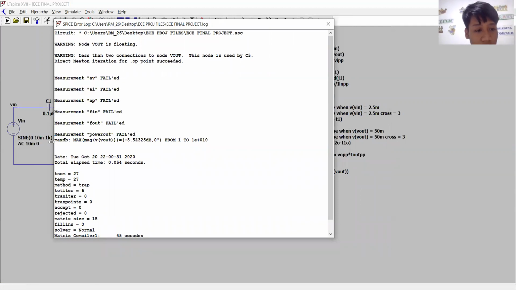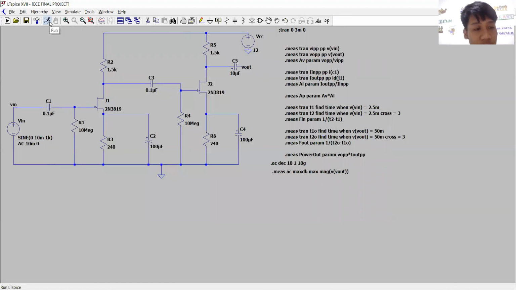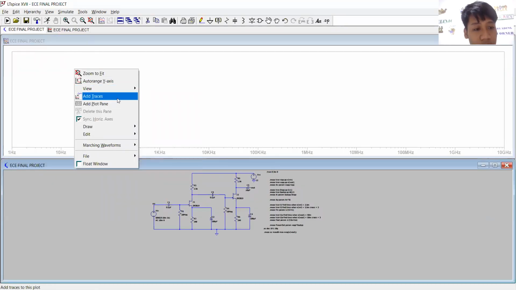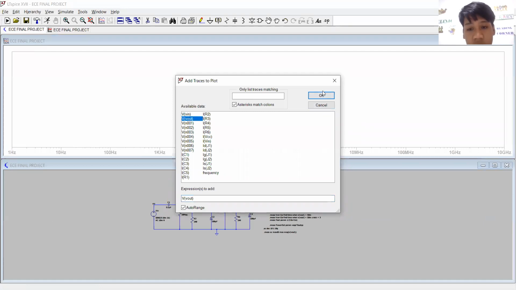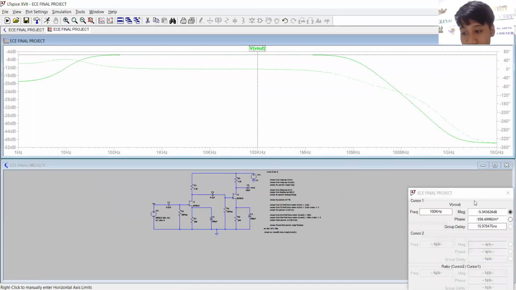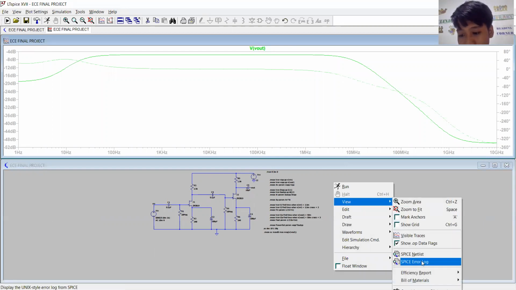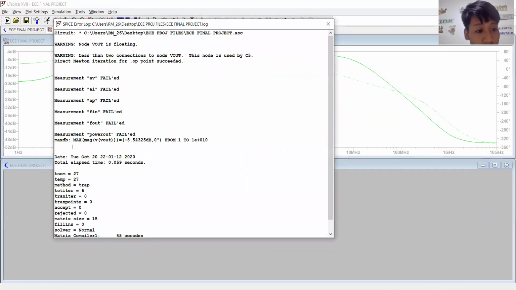With that, the max dB is negative 5.4325, it is in the, what you call this, the waveform. If we see the waveform again here, and then we click this, that is the exact value. And if we go to the spice error log, we can see here that the max dB is negative 5.54. There's a slight difference, but they're almost the same.